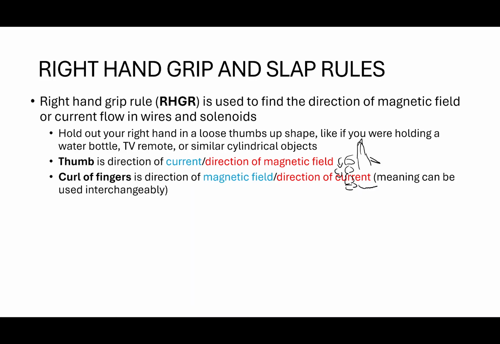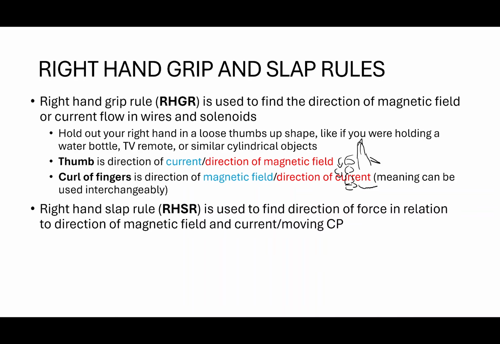If your thumb's the current, your fingers curl is the magnetic field. If your thumb's the magnetic field, your fingers curl is the direction of current.